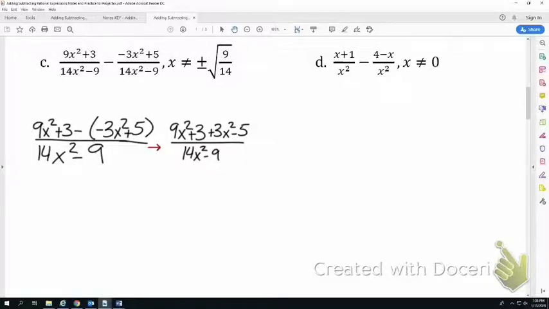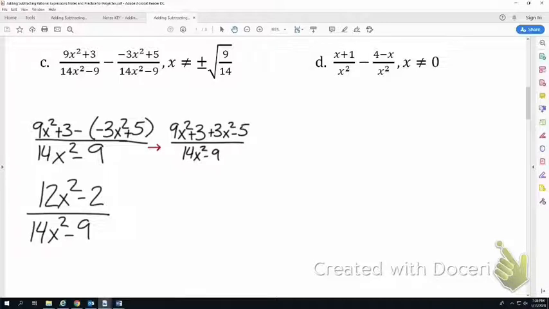Then I will simplify it further, so I've got 9 plus 3, which is 12. 3 minus 5, which is negative 2. And then I've got 14x squared minus 9. Can I simplify anything there?